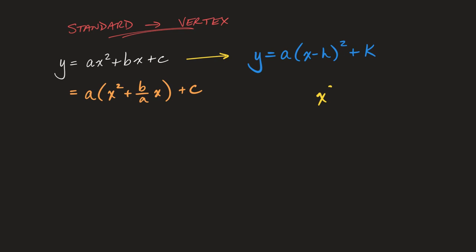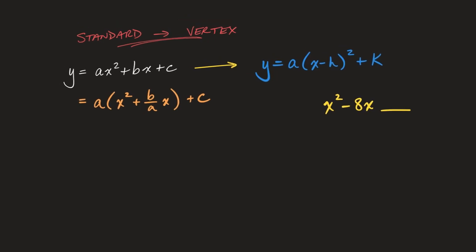If I gave you x squared minus 8x and a blank, and I asked you, what value would you sub in that blank spot that would make that gold a perfect square? That is, what would you sub in that blank spot that would allow you to factor that into a perfect square? I want you to take a moment and try to come up with what value you think that could be.